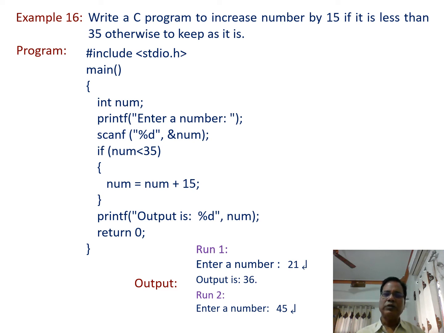Then outside of this, the printf statement prints the value of the number at this point. So we get the output 45. This 45 is not incremented by 15. So we can write a program like this one.